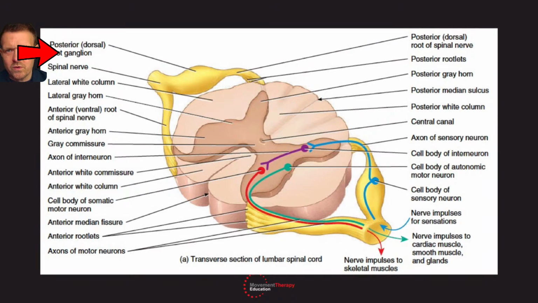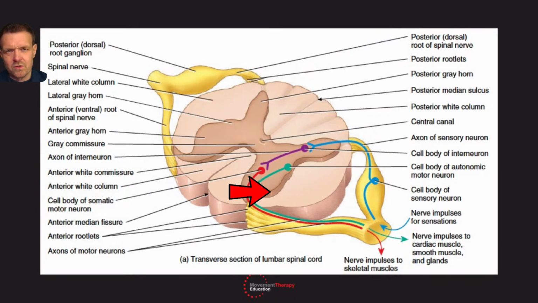The dorsal root ganglion. So this is the nerve root. This is the posterior part of that nerve root, and this is the bit that receives sensory information. So it's called the DRG, or the dorsal root ganglion. So you might hear that term quite a lot. It's thicker, so it looks bulbous because there's a big collection of sensory neurons in that space. Okay, so there's a lot of information going into that particular part.